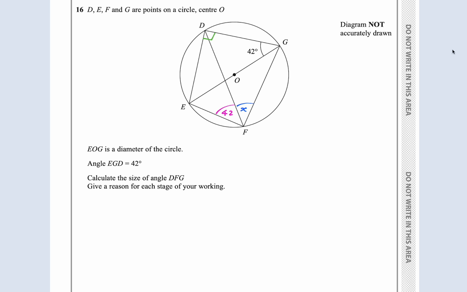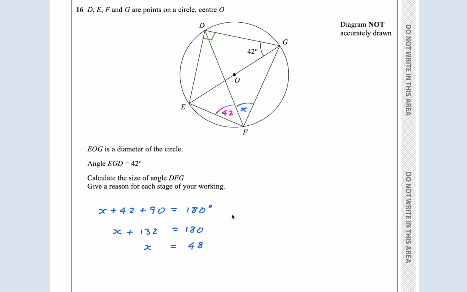And then finally, I know that this plus this plus this, x plus 42, plus 90 has to equal 180 because opposite angles in a cyclic quadrilateral add up to 180. So x plus 132 equals 180. X equals 180 minus 132, which is 48.